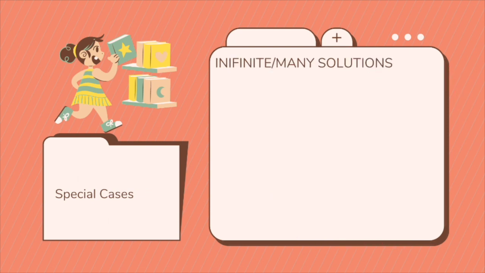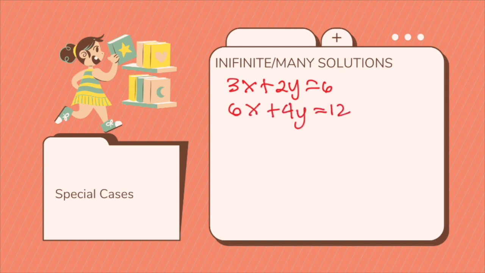Now, how about if you have an infinite or many solutions? How will we understand if there are infinite or many solutions? Let's say, for example, you have 3x plus 2y equals 6, and 6x plus 4y equals 12.